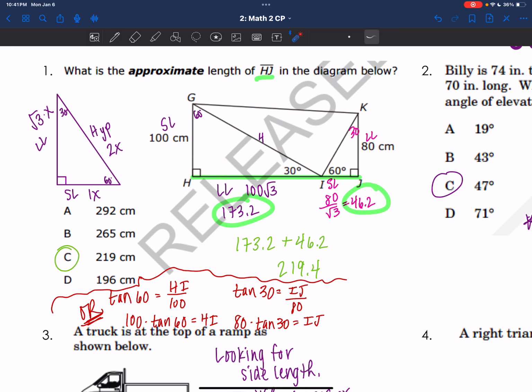That's where I got this here. You just multiply both sides by 100: 100 times tangent 60 equals HI. And then you'll get that.